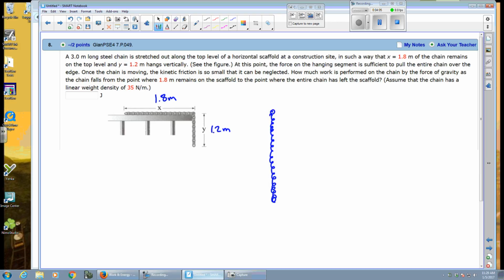And so what I'm looking at, they told me the linear weight density. That was nice of them, rather than just the linear density. So the work that's being done is taking the potential energy and changing it into kinetic, right?